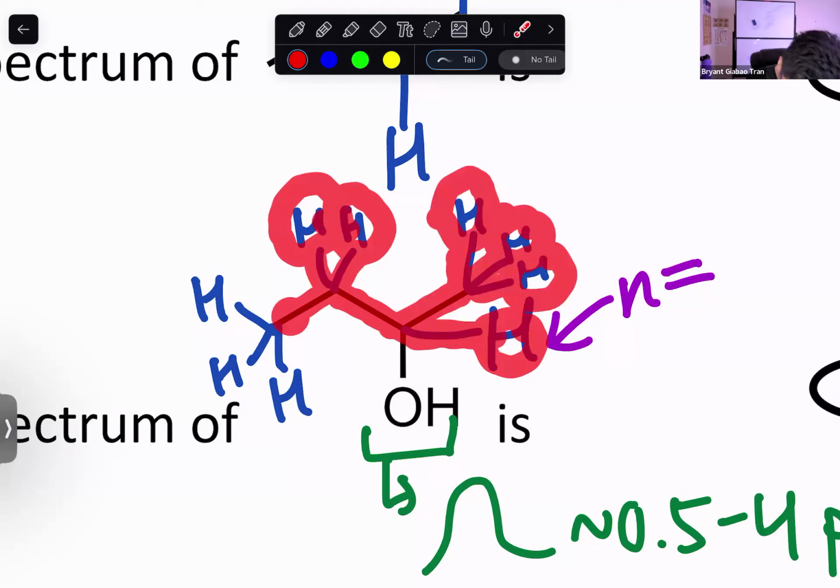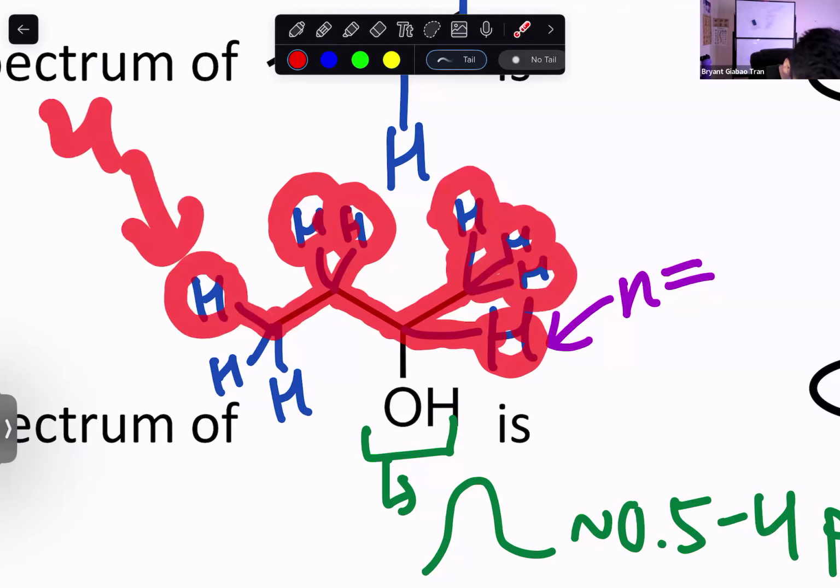If you go here 3, this lands on a carbon. That carbon is not hydrogen, so that would not count as a neighbor. If you try to say that these are the neighbors here, these are too far away. That's 4 away, too far to be counted as a neighbor.